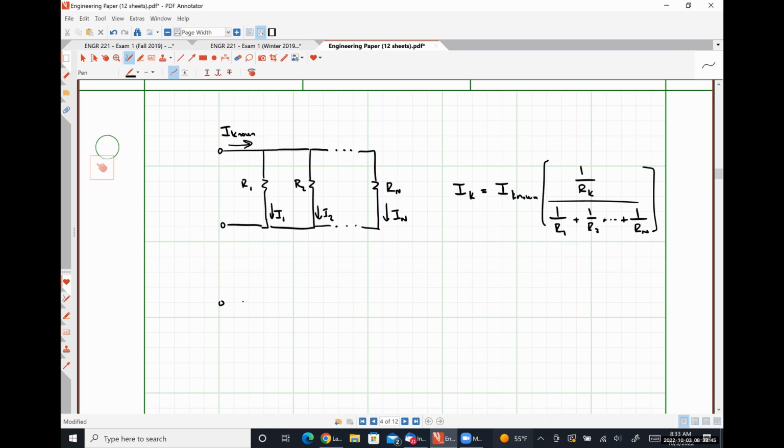For voltage division, we have R1, R2, R sub n. We have a known voltage with this polarity. We're interested in finding the voltage drops having this particular polarity.